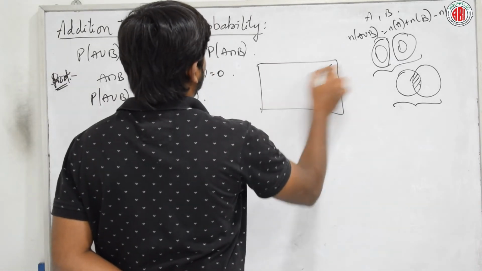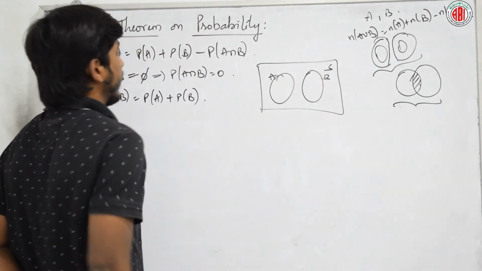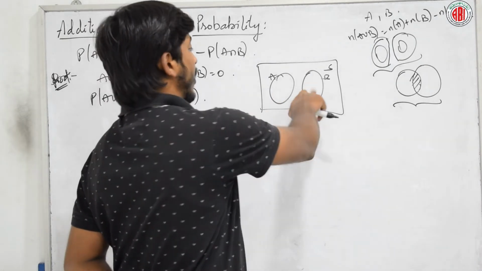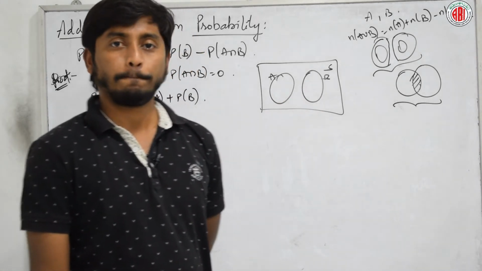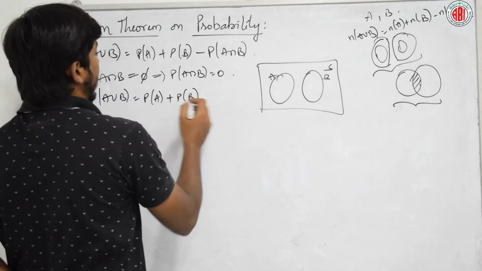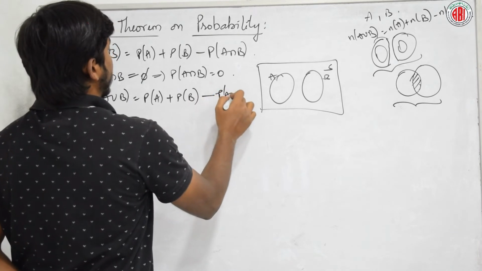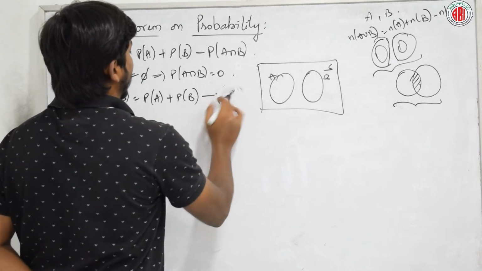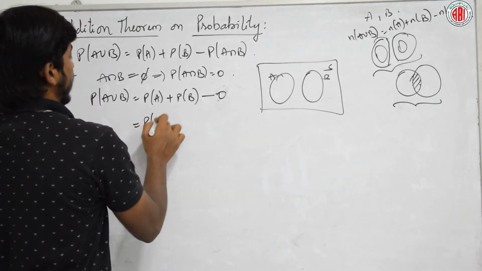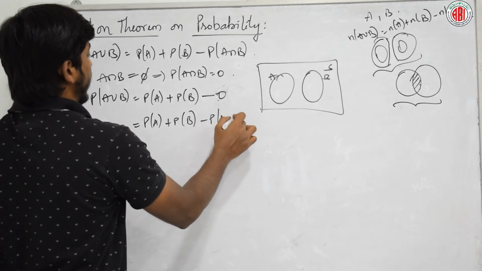If this is a sample space, and there are two events, event A and event B, then the total probability can be written as the probability of A plus the probability of B. Right? Then let me write it as minus 0. There is nothing to subtract. Can I write this as P of A plus P of B minus P of A intersection B?